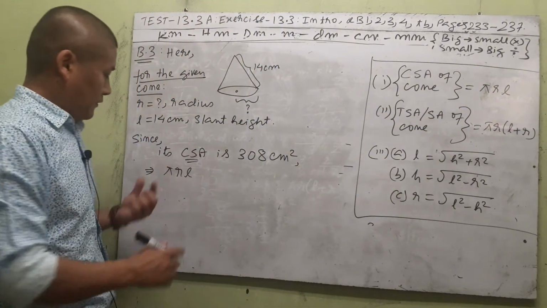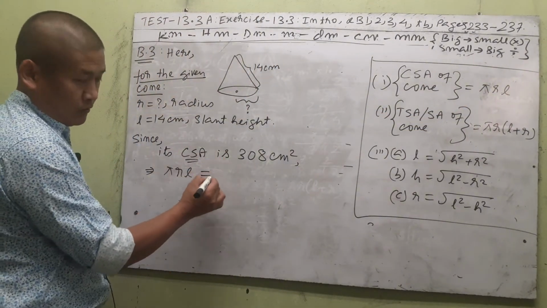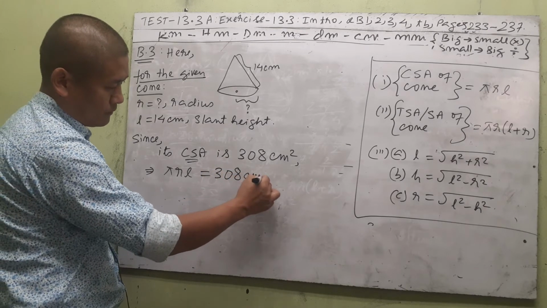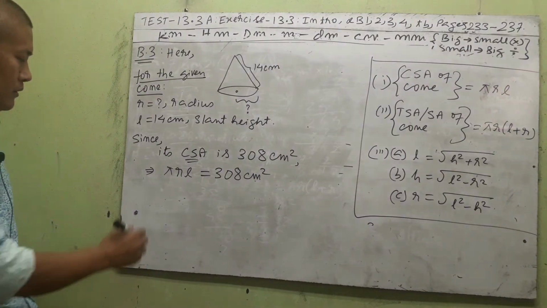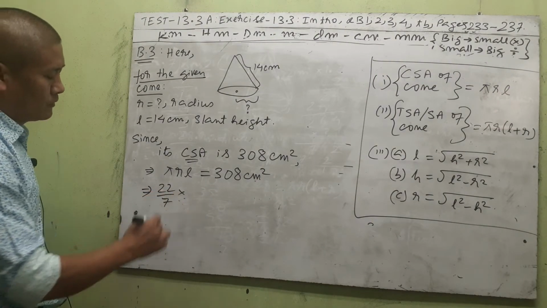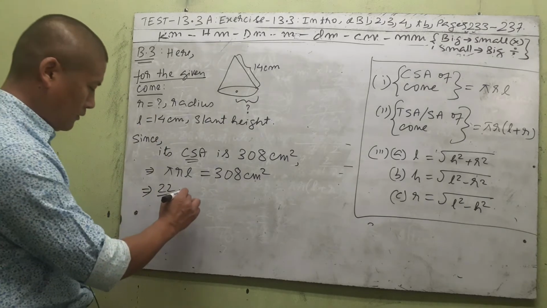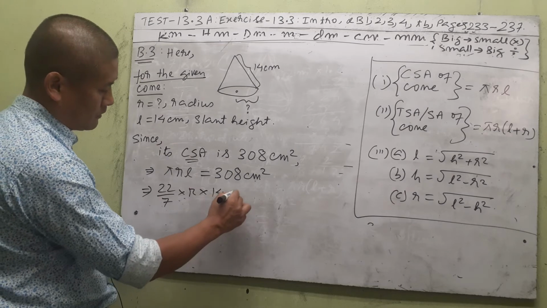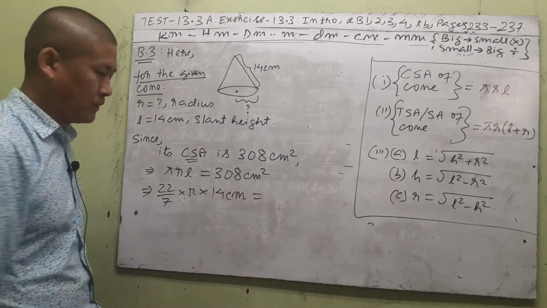Replace the curved surface by pi RL. This means you can put equal, and then 308 centimeter square. Then here 22 by 7 into R is unknown, we just read it. L is given here 14 centimeter.